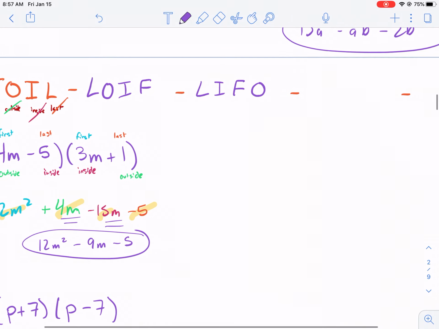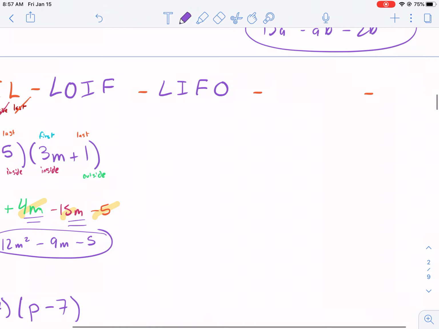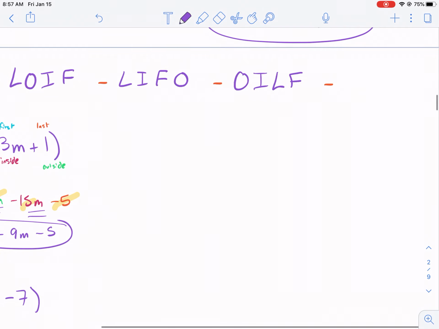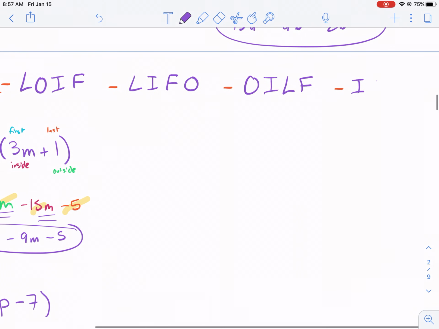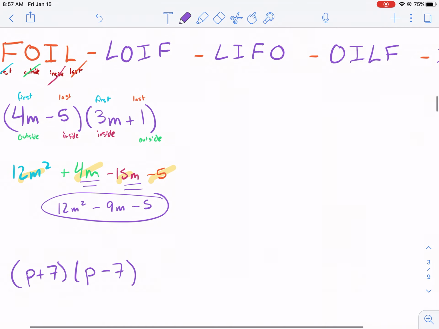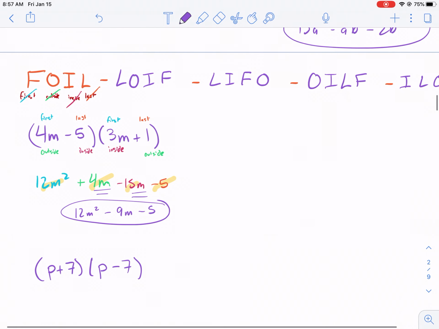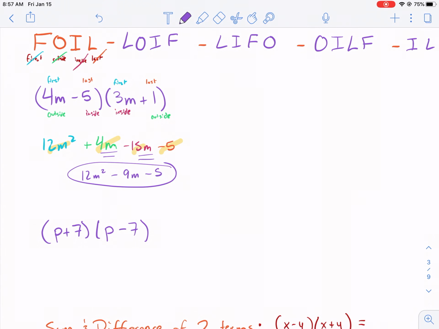As long as you get each one of those combinations, you're good. You could get OILF, outside, inside, last, first. I don't know, what else is there? We could go inside, last, outside, first, ILOF. All those are valid as long as you get all the combinations and keep the signs consistent between them.